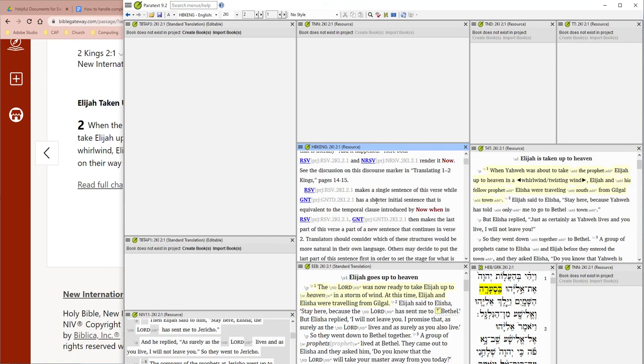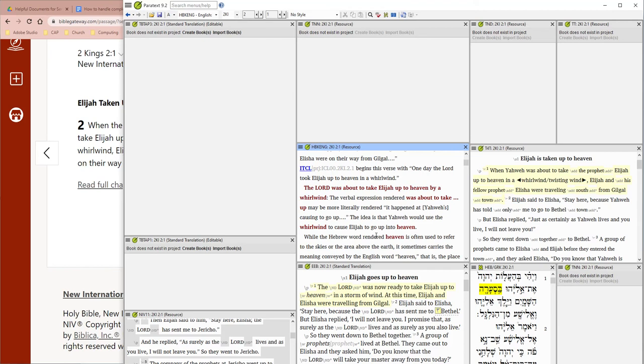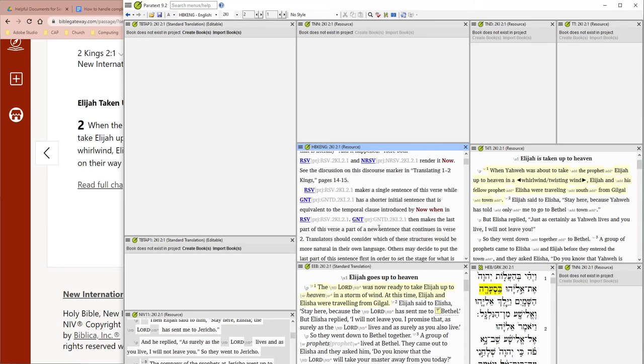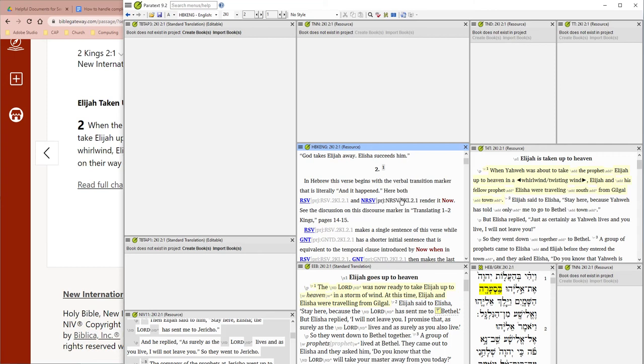But for this verse, it says, the Lord was about to take, and it talks about this, and it happened, like the NASB uses. RSV starts it with now. We have a word now in our system, but it means right now, like at this time. Whereas this now is a discourse marker saying, well, it doesn't really have much meaning.